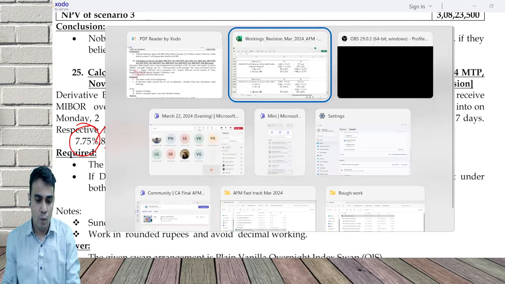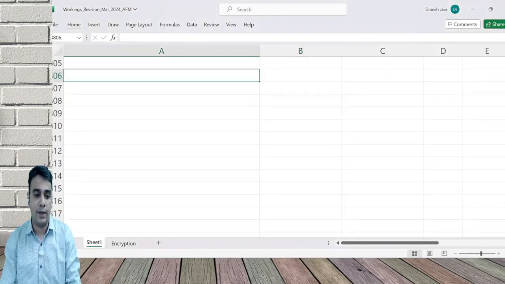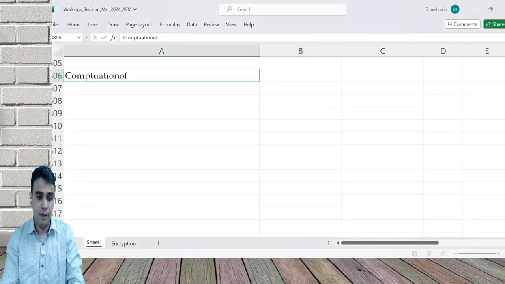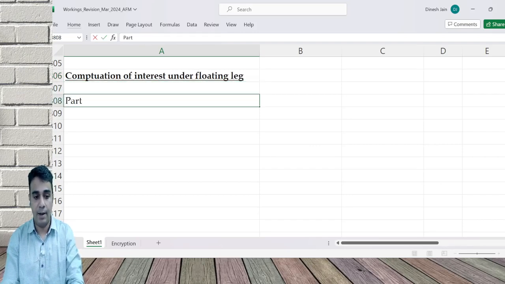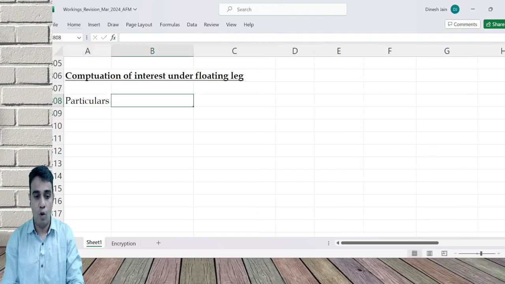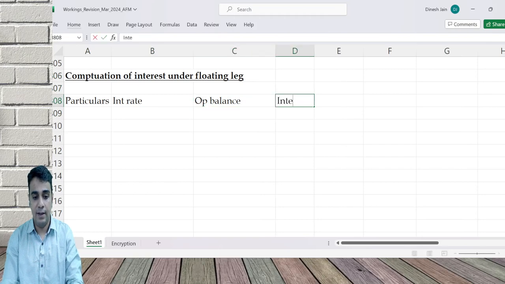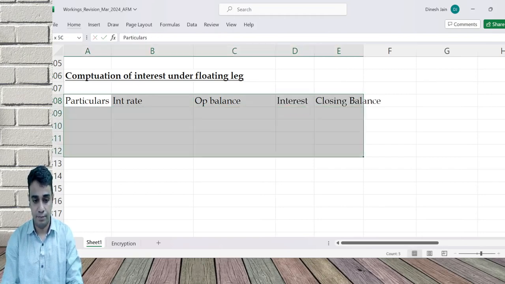Now write working note 1, computation of interest under floating leg. Columns: particulars, interest rate, opening balance, interest, closing balance.